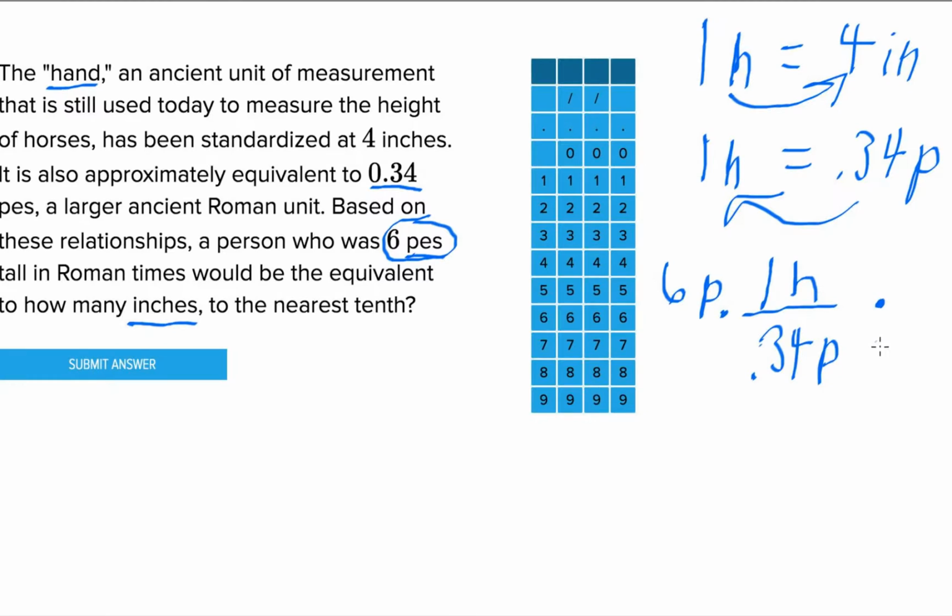And now the pace will cancel out and we'll have hands. And so we want to, again, put hand in the denominator now. You always want to put in the denominator what is in your numerator in the previous step. So 1 hand, and we want to get to what we want our final units to be, inches. So we say that 1 hand is equal to 4 inches.